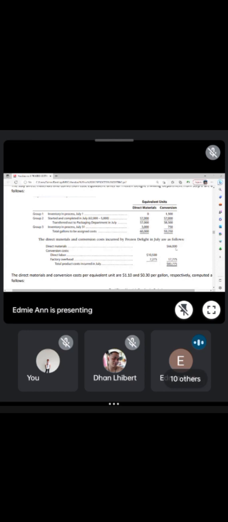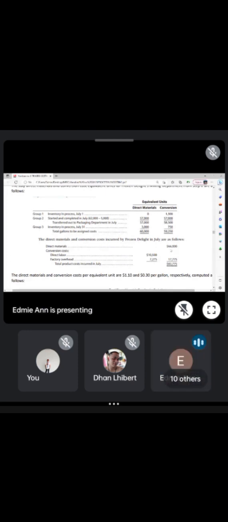For direct materials, sa mixing department, for the direct materials, 66,000. Murag all in all, tanan-tanan, ang cost sa direct materials nga nagamit ni mixing department in the month of July is 66,000.